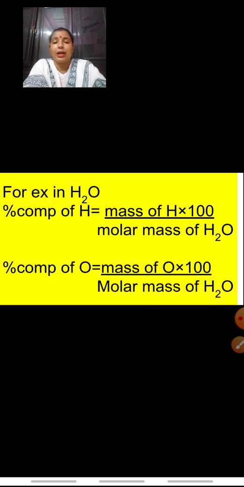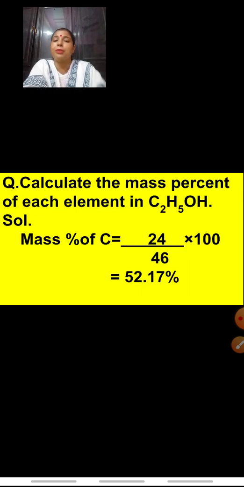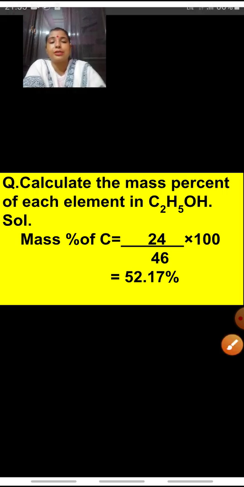Now we'll solve a question. It will become more clear with the help of this. See, the question is on the screen. Calculate the mass percent of each component in C2H5OH. What is this?